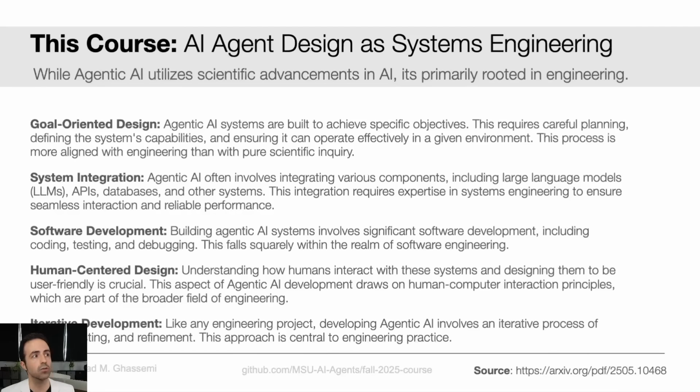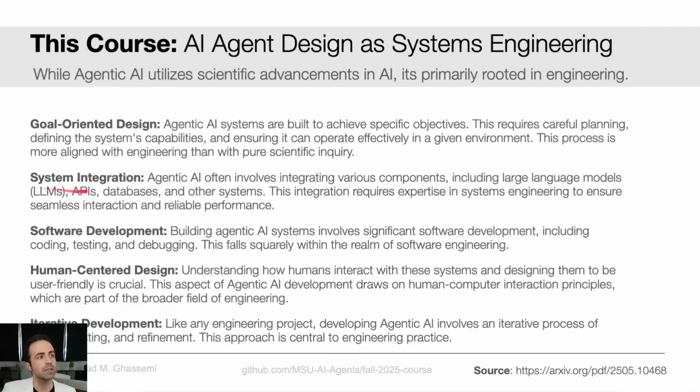So these include goal-oriented design, getting AI systems to achieve very specific objectives, careful planning, defining system capabilities, and ensuring we can operate effectively in a given environment. This is very much an engineering problem. It's important in science, but it's far more important in the engineering context.